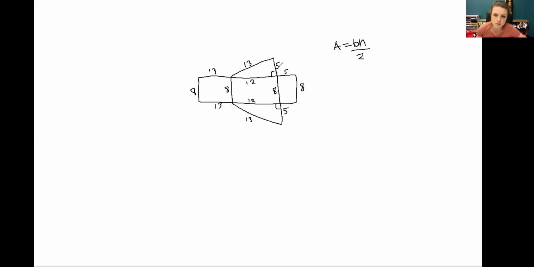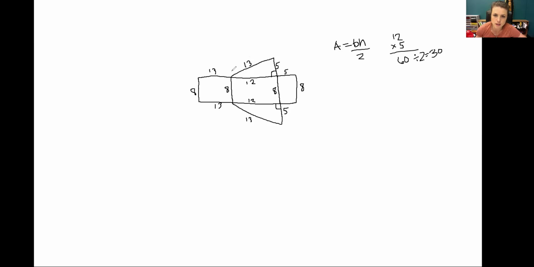So it's actually going to be 5 times 12 divided by 2. So 5 times 12, 12's the height, not 13, is 60, divided by 2 is going to be 30. Okay, so the height was 12 on this triangle, not 13.